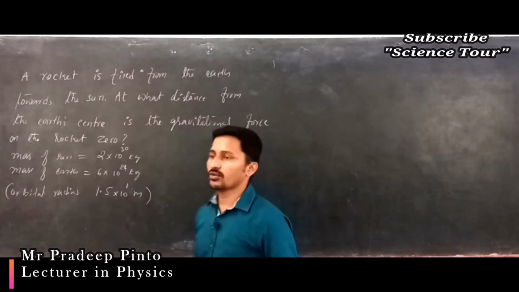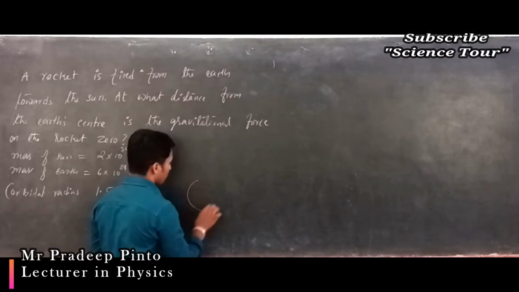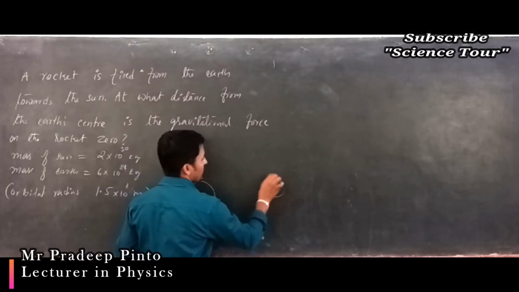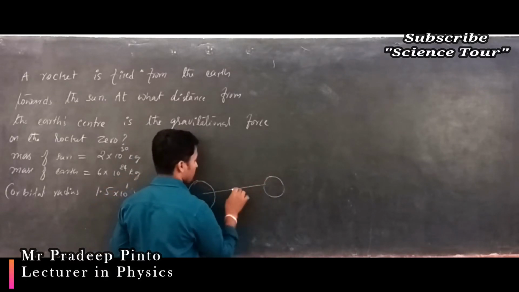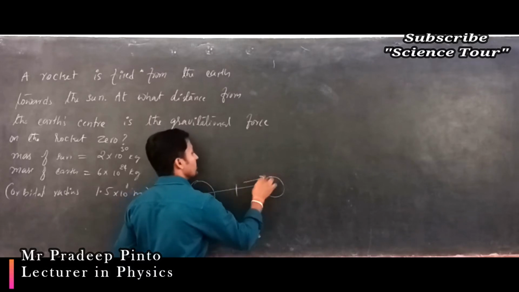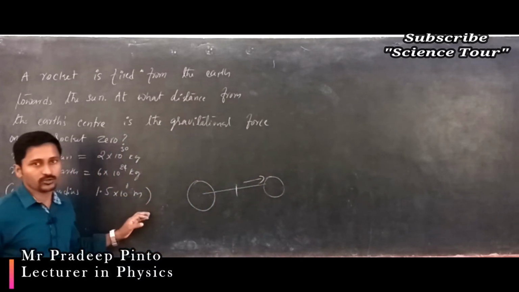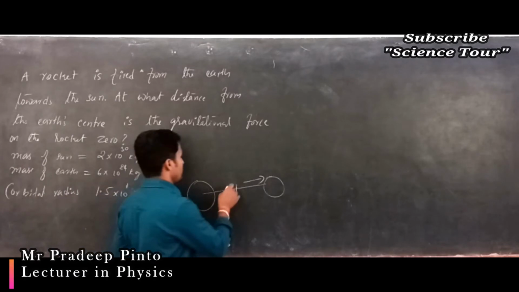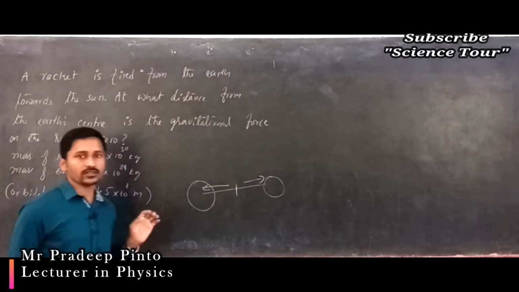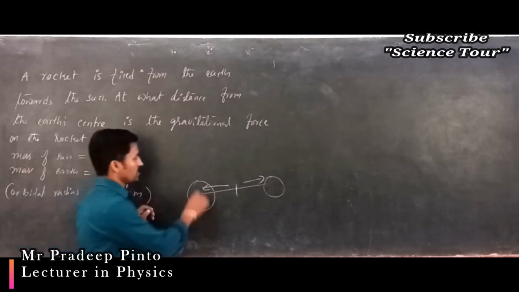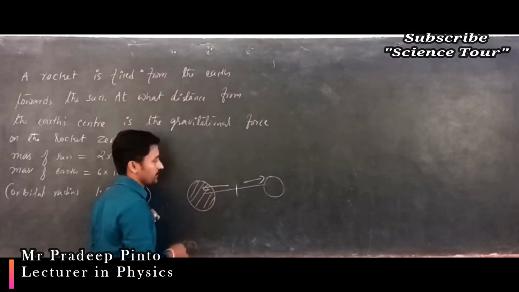As soon as you send the rocket from the earth to the sun, the sun also pulls that rocket, and the gravitational attraction is there towards the earth. So the earth is also going to pull it.